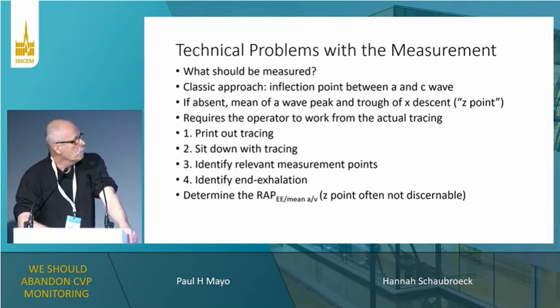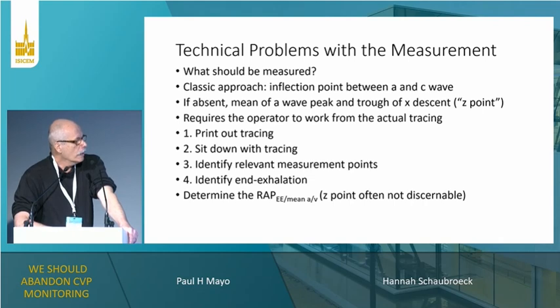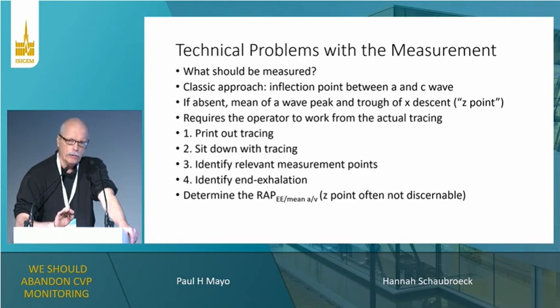What should be measured? The classic approach, and I came from a program where I was a slave to the tradition of Cournand and Richards, who got the Nobel Prize for this work. I was trained that you had to identify the end expiratory, end diastolic pressure as your central venous pressure.